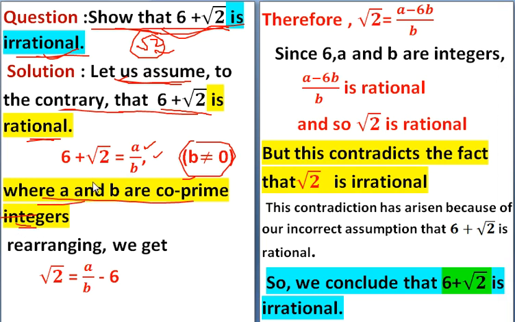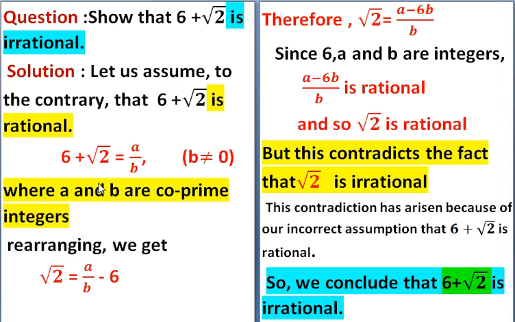Rearranging, we get root 2 equal to a by b minus 6, by changing sides. On the first side 6 is positive, so when this 6 goes to the second side it becomes negative, and root 2 stays on the first side.